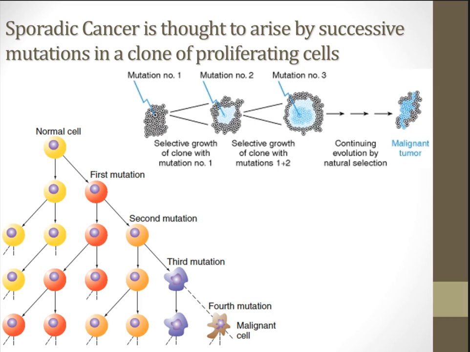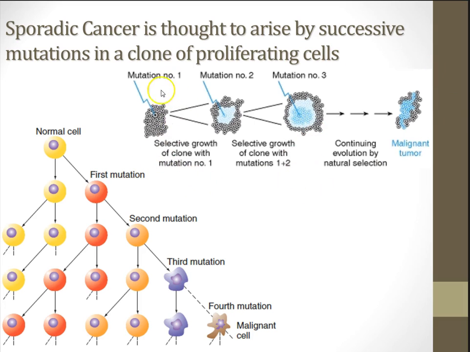But what's most important is that we see multiple mutations in every type of tumor. This is what is thought to be the accumulation theory. In sporadic cancer, which occurs again later in life, we believe that there are successive mutations in successive clones that cause the proliferation of malignant tumors.